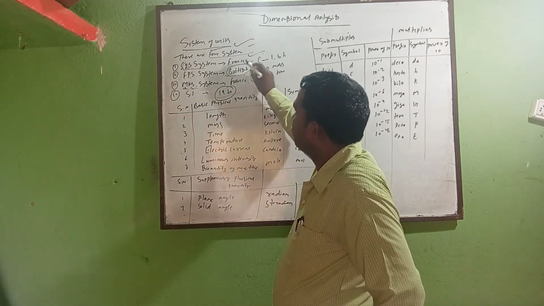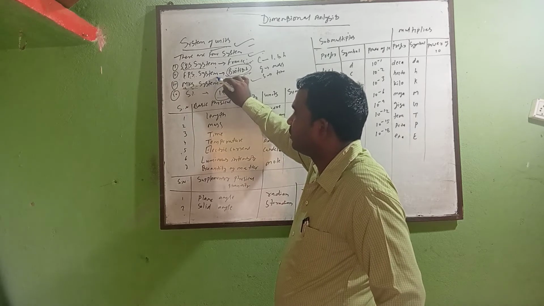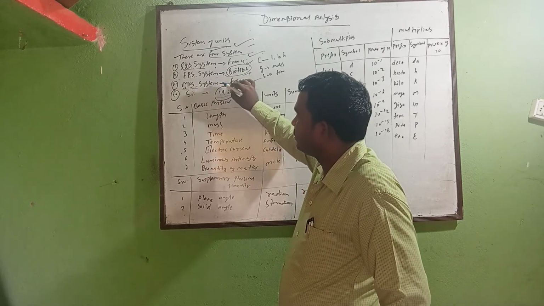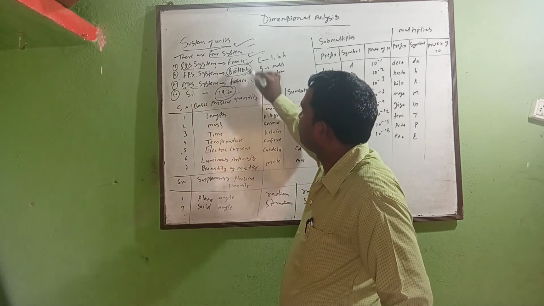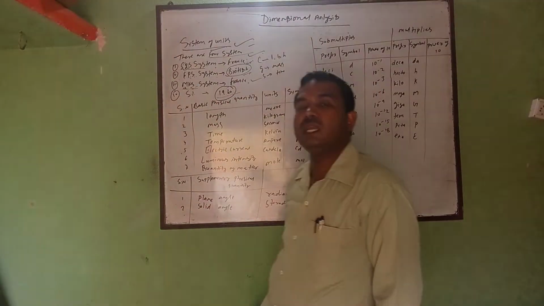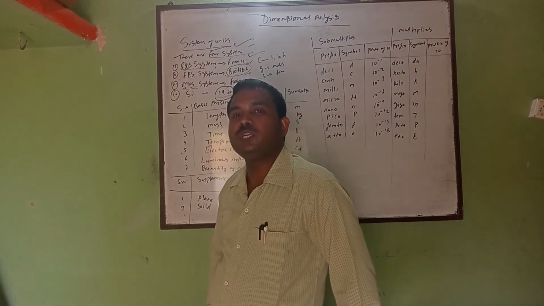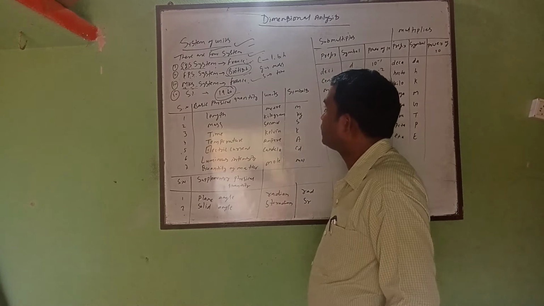Some are in favor of CGS, some are in favor of FPS, and some are in favor of MKS. So finally SI, that is the International System of Units, was developed in the 1960s.